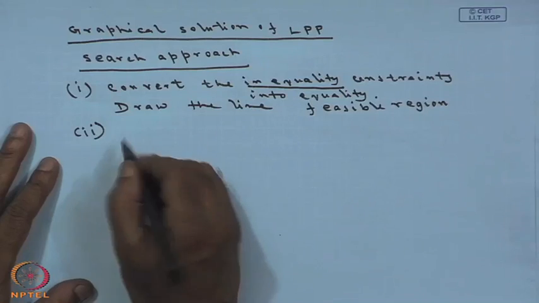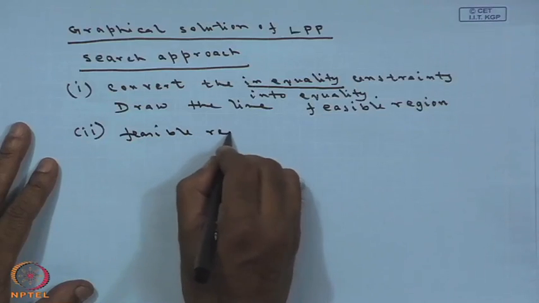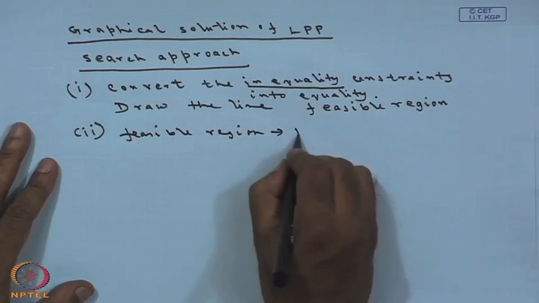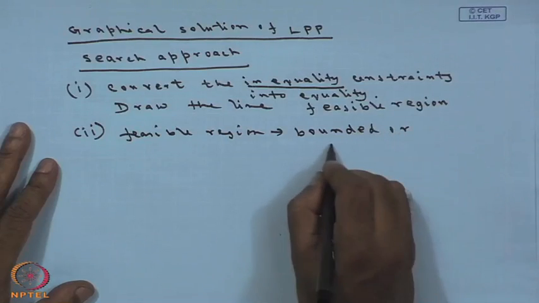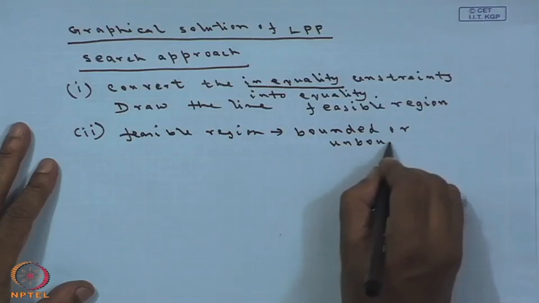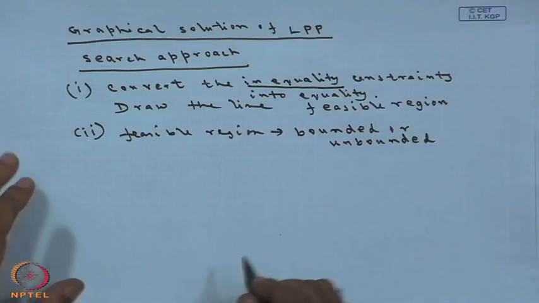Once you have the feasible region, basically I can say that this feasible region may be bounded or it may be unbounded. You have to note this thing. Through an example, we will explain. The feasible region may be bounded or unbounded.